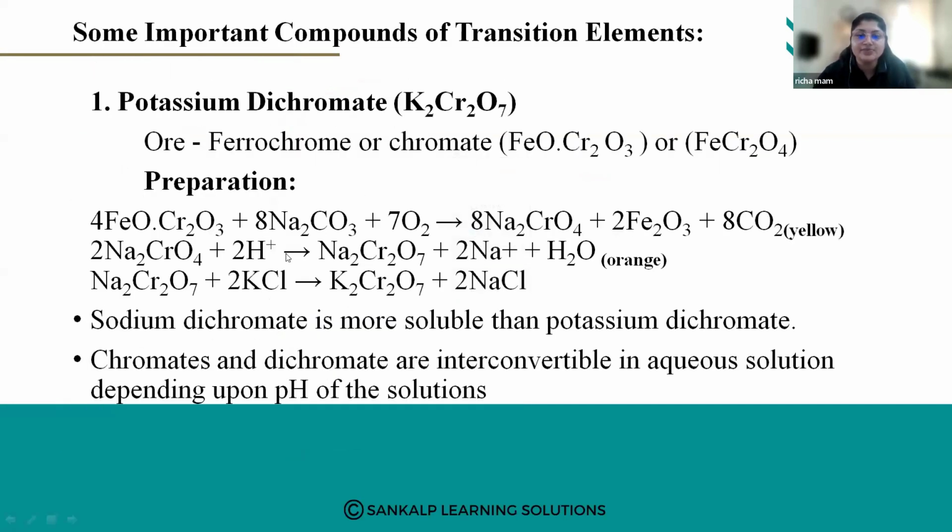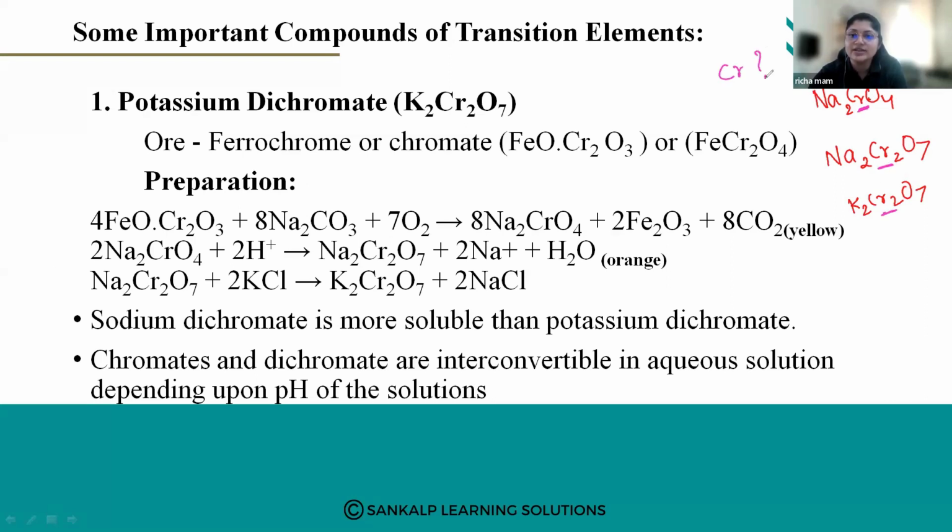Now similarly, homework for you all. Find the oxidation state of Na2CrO4, then Na2Cr2O7 and K2Cr2O7. You have to find the oxidation state of chromium, only Cr, not Cr2.